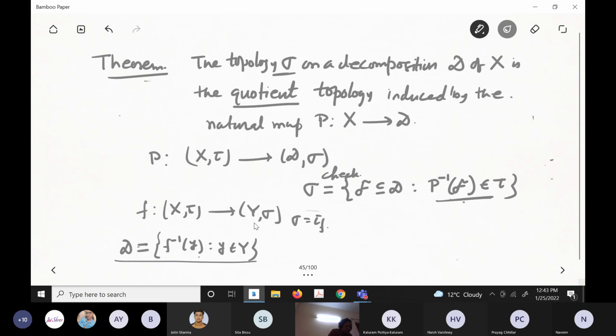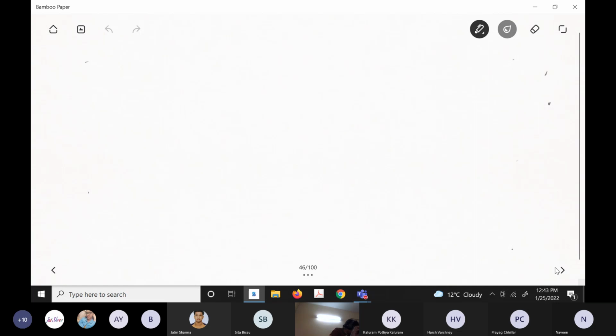I am giving an exercise, stating the result. You should prove it, and what we have already done, you can use. What is the result? That's why it is called quotient space.